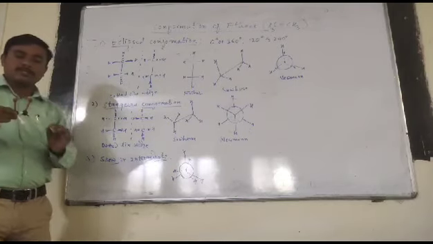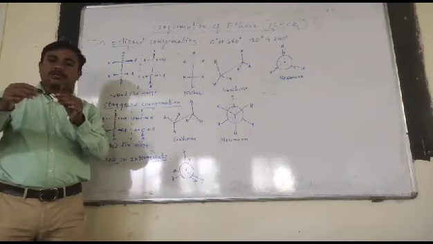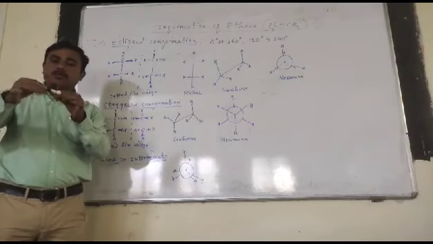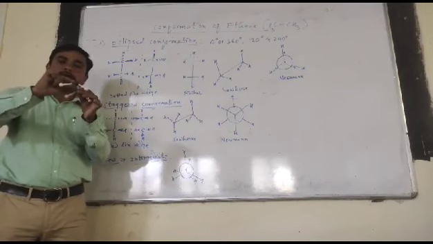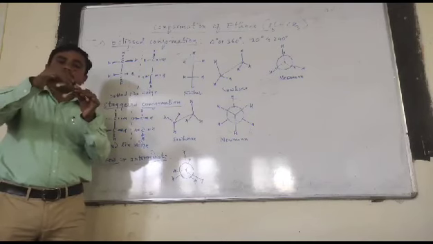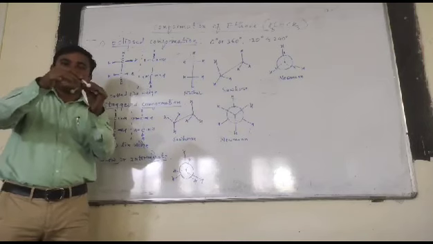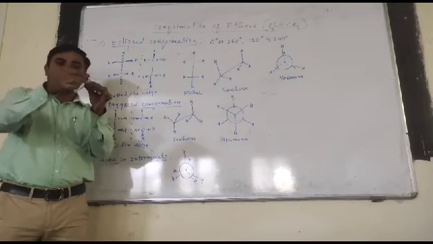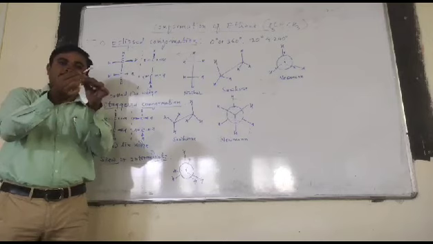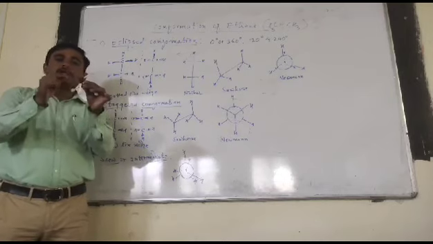Staggered conformation means those conformations in which, first of all, I rotate the front carbon atom through 60 degrees. So this one will be 120, and then I rotate this carbon atom by another 60 degrees.